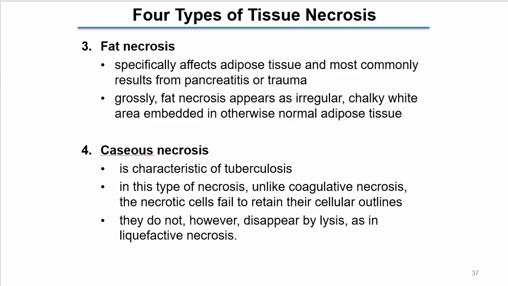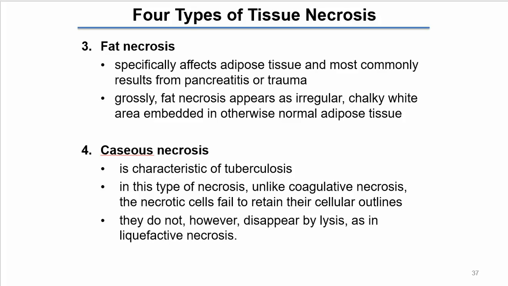The fourth type is something called caseous necrosis. Caseous means cheese-like. So it's a characteristic of tuberculosis. Now this happens when the tuberculous bacillus causes a necrosis surrounding it, and it kind of encases the infection.